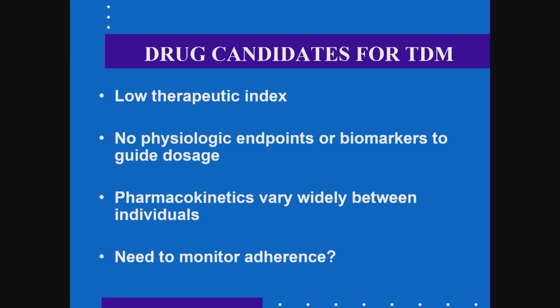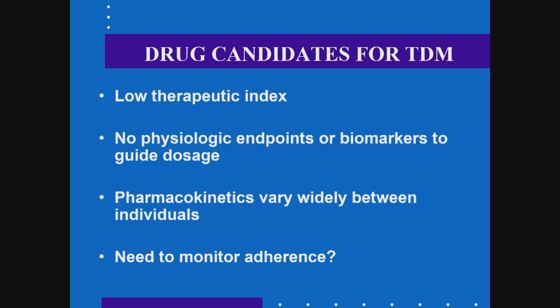So you use the range of therapeutic concentrations, if you will, as your biomarker to guide dosage and hope that that would lead to a significant reduction in the frequency of seizures. We already stated that pharmacokinetics vary widely between individuals.